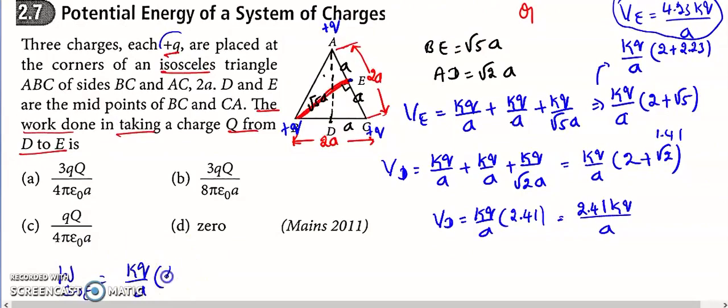So this is 4.23 minus 2.41, that is equal to 1.82. So nearly 2 kq divided by a.